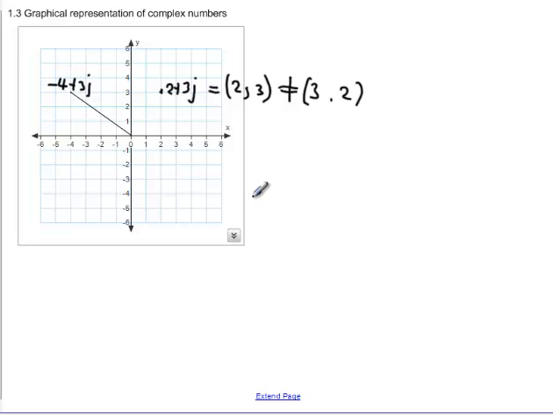When I've got a pair that represents the complex number, the order is very important. Where is 3, 2? It will be somewhere here. Am I right? That is 3, 2. You can see that 3, 2 and 2, 3 are different numbers.